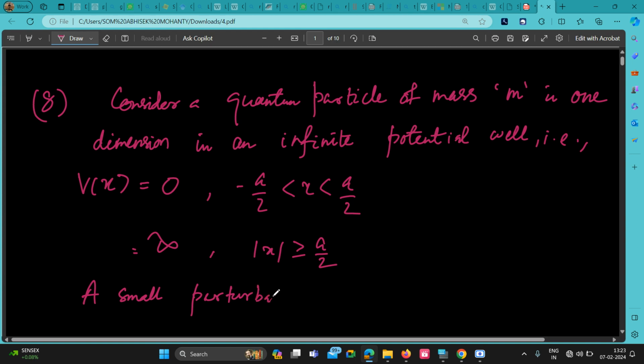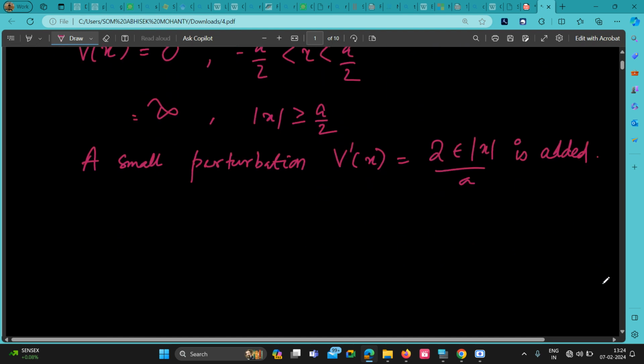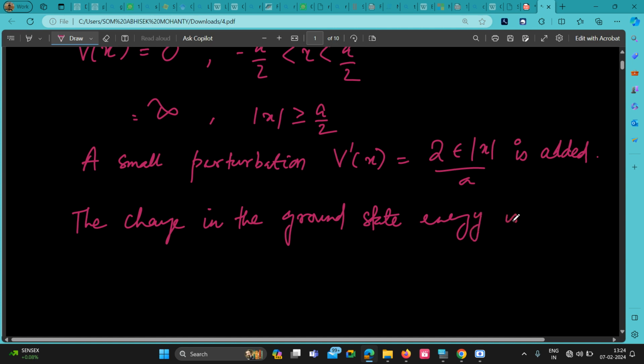So a small perturbation, V dash x is equal to 2 epsilon mod x by a, is added. So the change in the ground state energy is dash.